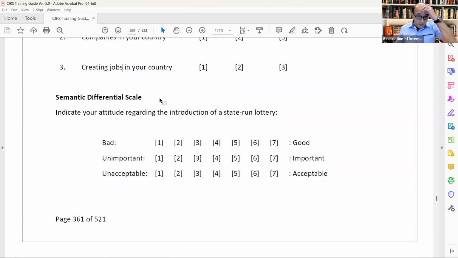Semantic differential scale means that the question requires someone to express their choices in a more detailed way, given a scale or a larger set of choices. As in bad, how bad?